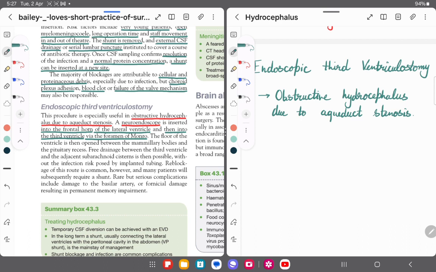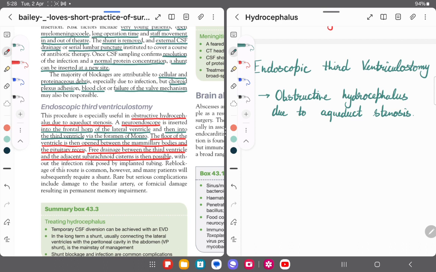The floor of the ventricle is then opened between the mammillary bodies and the pituitary recess. Free drainage between the third ventricle and the adjacent subarachnoid cisterns is then possible, without the infection risk posed by implanted tubing.